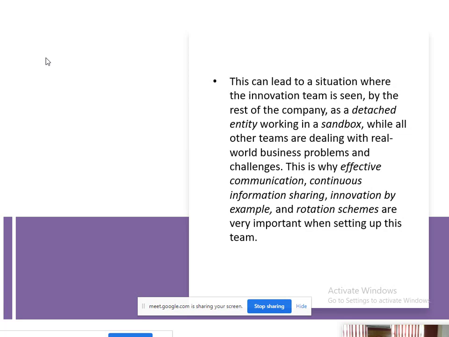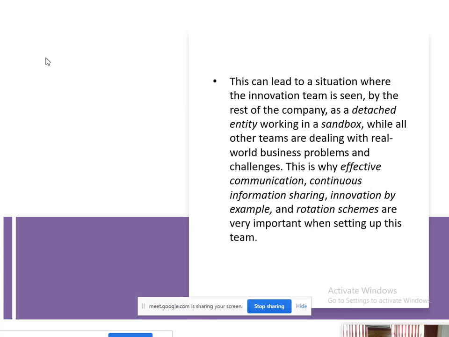The innovation process is a continuous process. If some employees are missing some part of it, it is the responsibility of the other members to share the information properly.